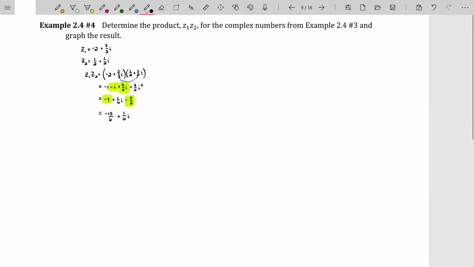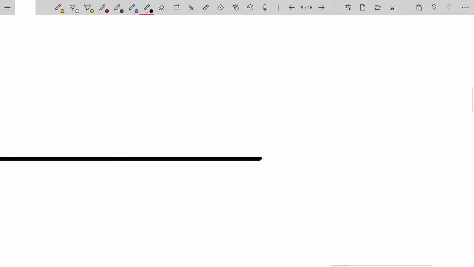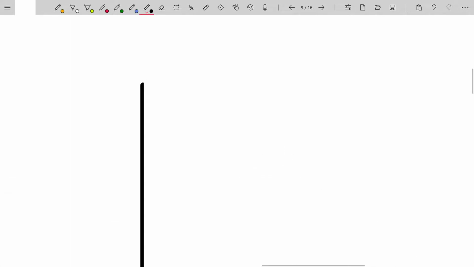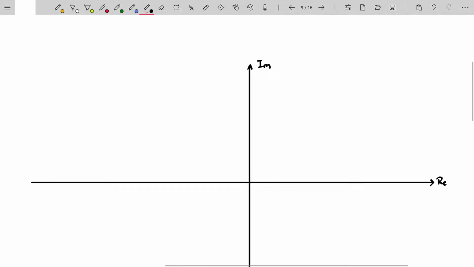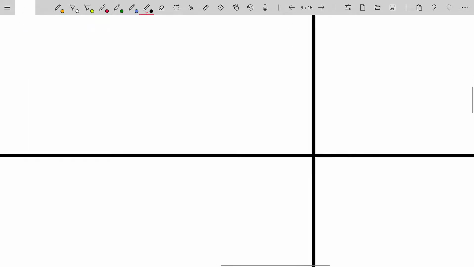And again, they want us to graph that, labeling these axes here. So this is the real axis, and the other axis right here is the imaginary axis. z1 times z2 is -13/6 plus 1/6 i. So I'll go backwards 13/6 in the horizontal direction.